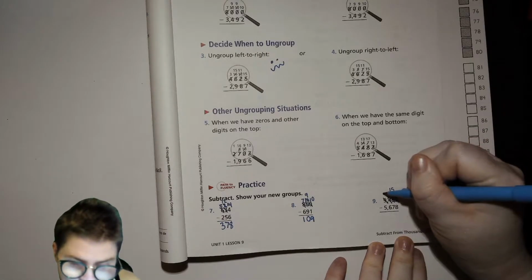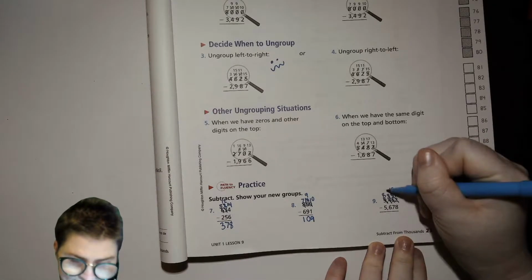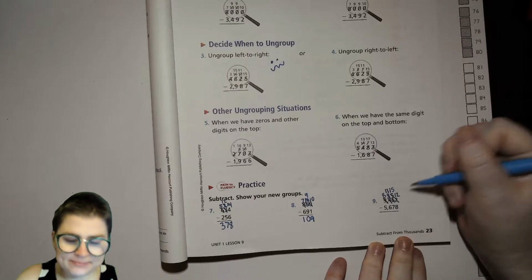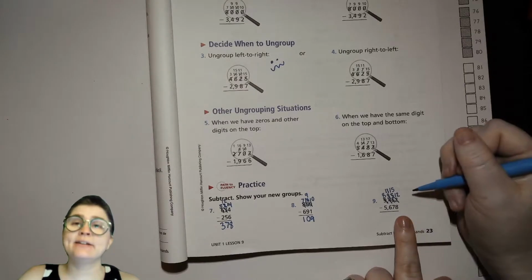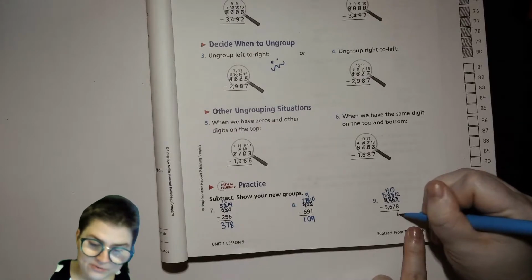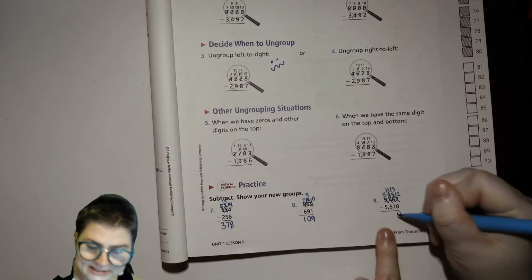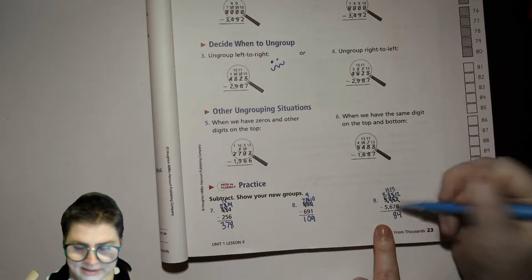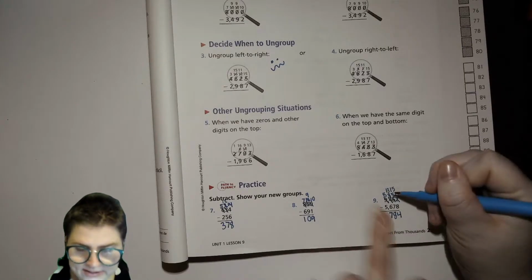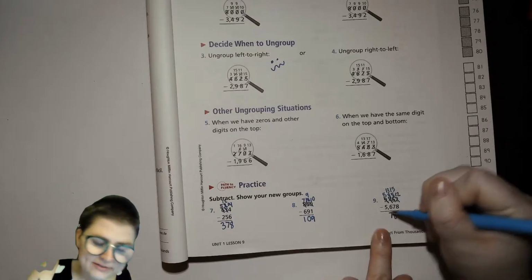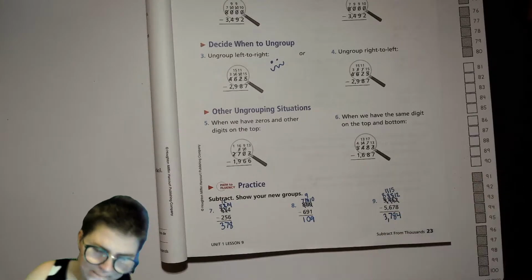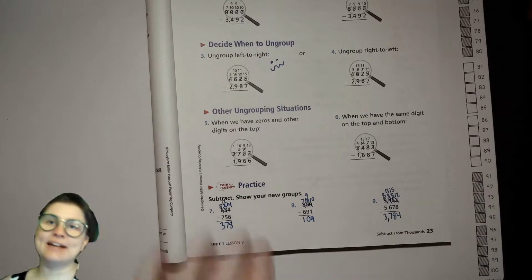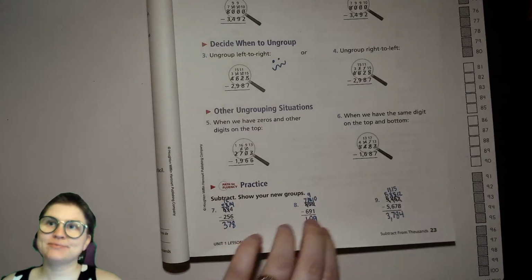So we have 8,000 there, and now 13. So 12 minus 8 is 4. 15 minus 7 is 8. 13 minus 6 is 7. And 8 minus 5 is 3. 3,784. Okay.